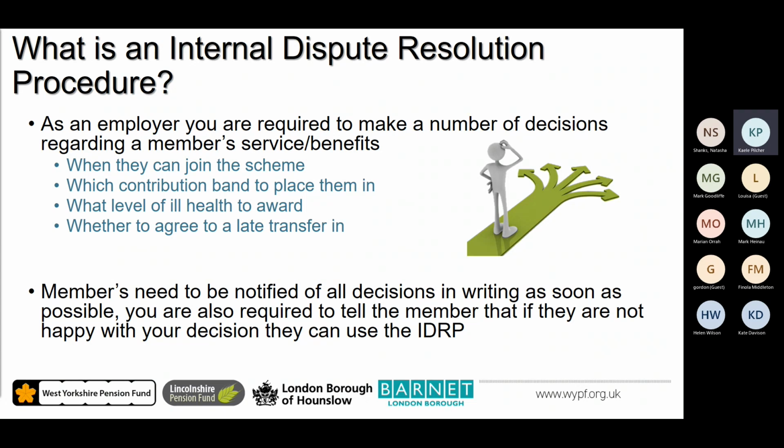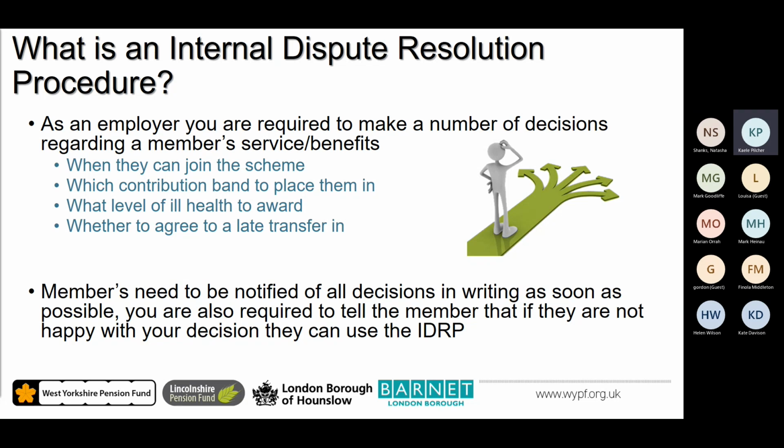What contribution band are you going to put them in? If somebody goes on ill health, what level of ill health award are you going to give them? Will you allow somebody to transfer in a different pension after the 12-month time limit? So these are the sort of decisions you have to make.